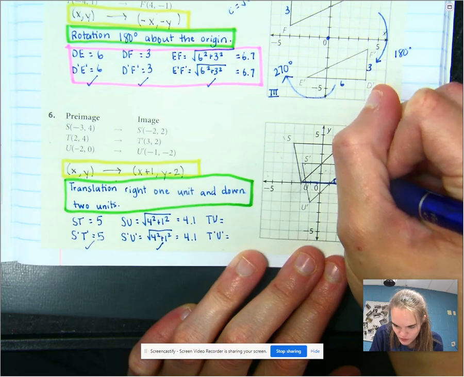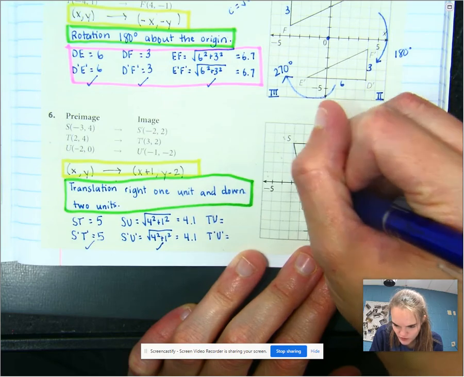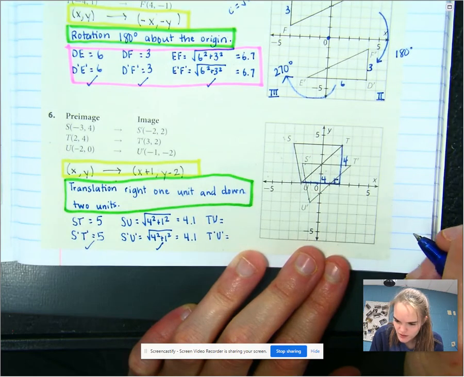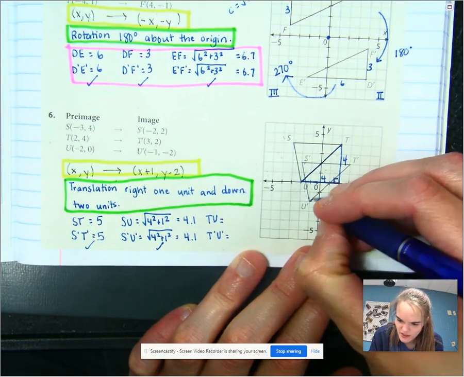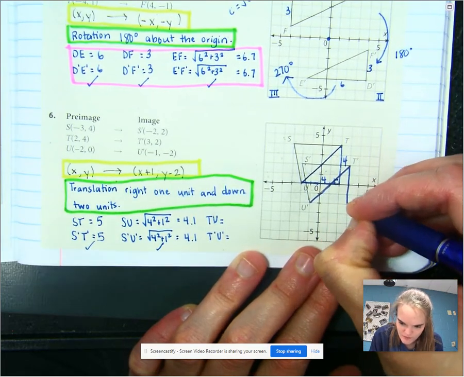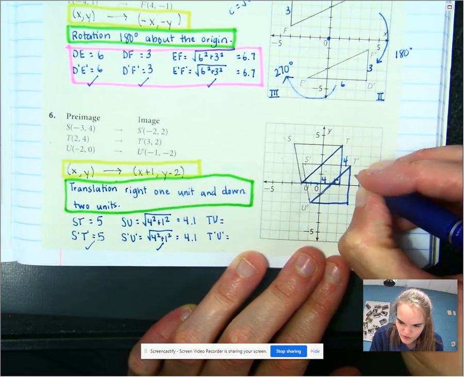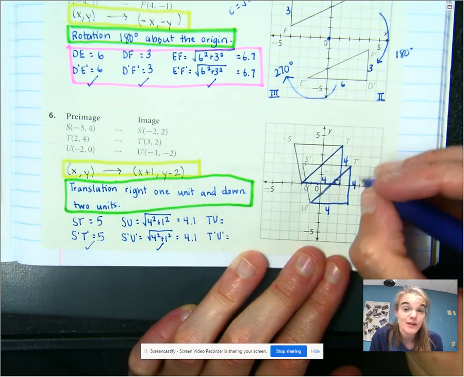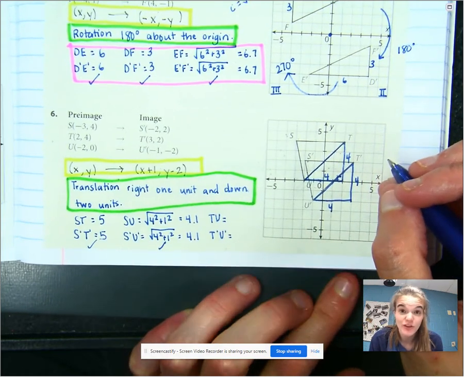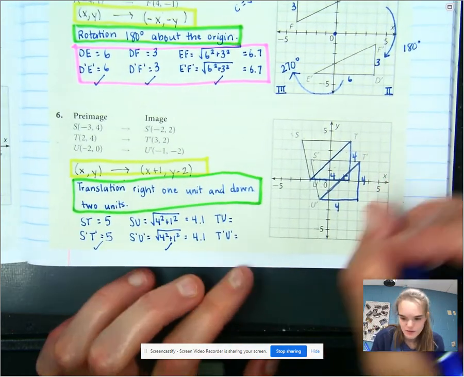And this is 1, 2, 3, 4. 1, 2, 3, 4. Okay, because TU right here is the hypotenuse. All right, if we did it in T prime to U prime, 1, 2, 3, 4. 1, 2, 3, 4. They're going to be the same, I mean not the slopes, the size of the other triangle that we made.